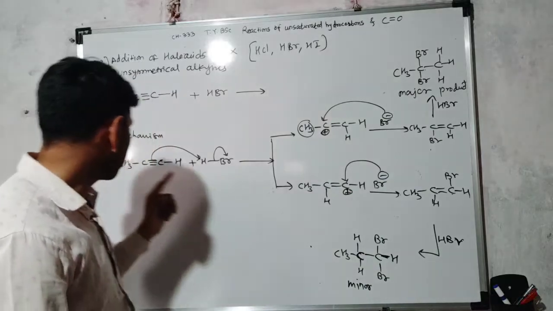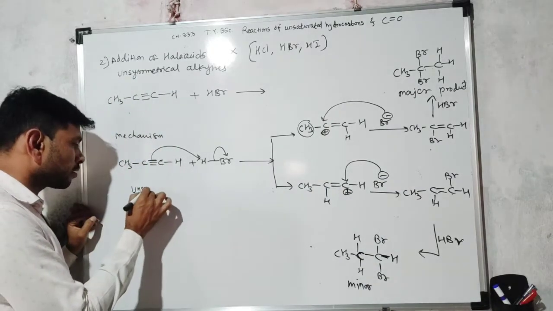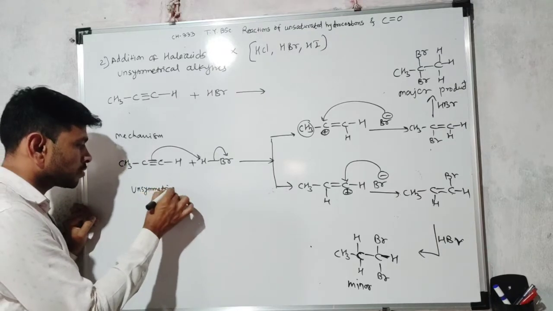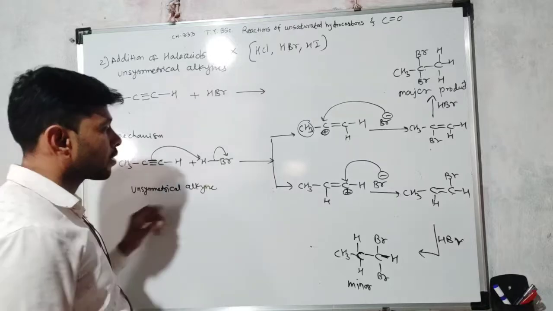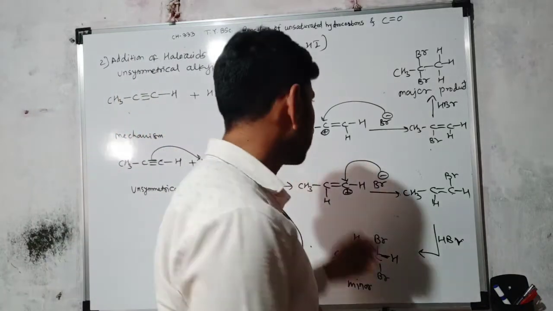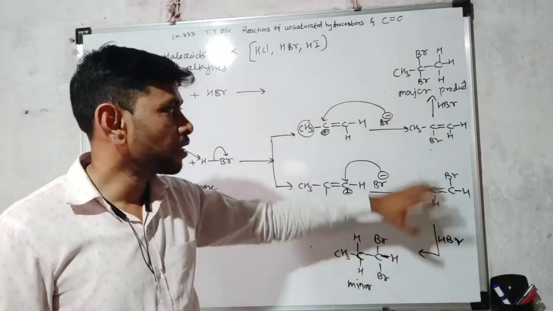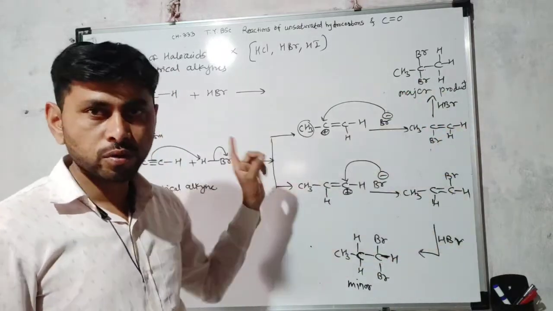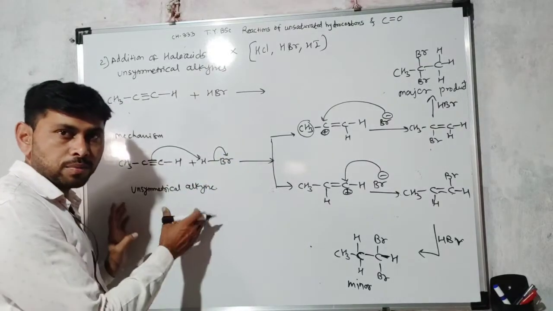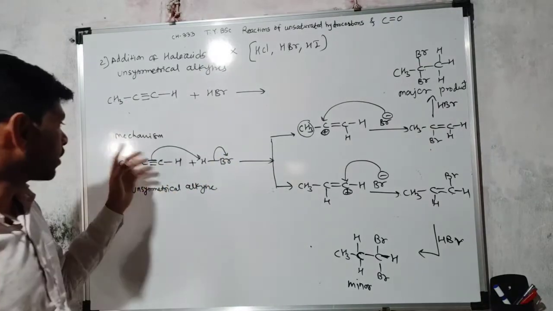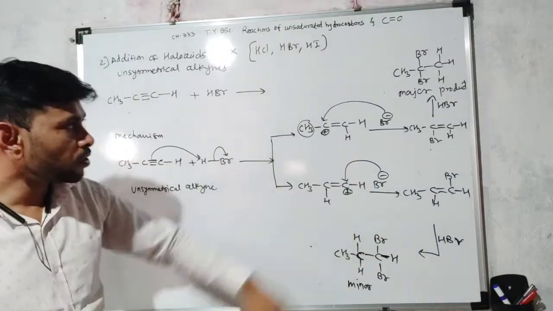Sometimes a question may be asked: when an unsymmetrical alkyne reacts with haloacids, it gives two products, one major and one minor. Explain with a suitable example. You have to take an example, any example, not only this one. You can take another unsymmetrical alkyne which reacts to give two products.